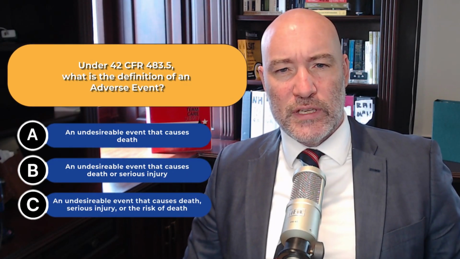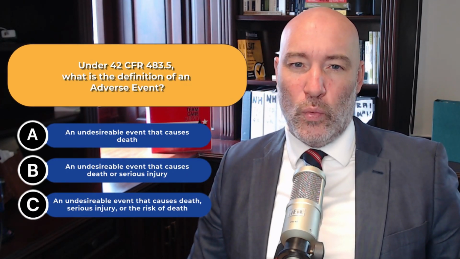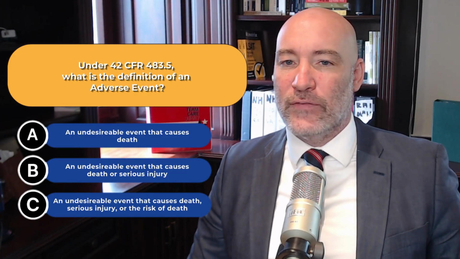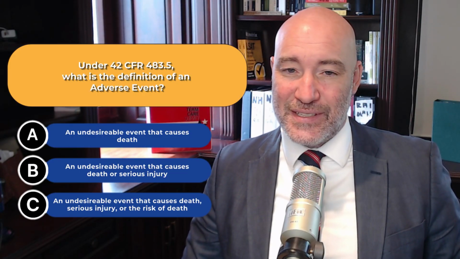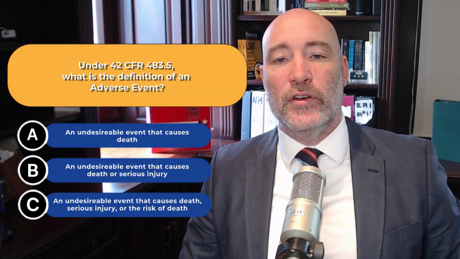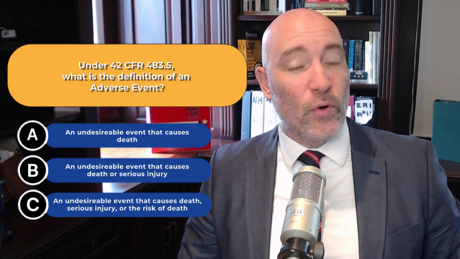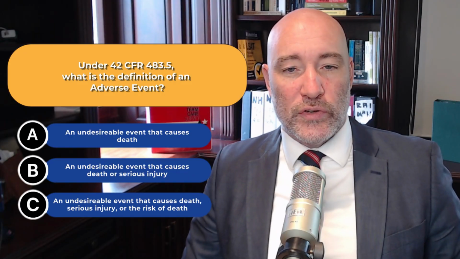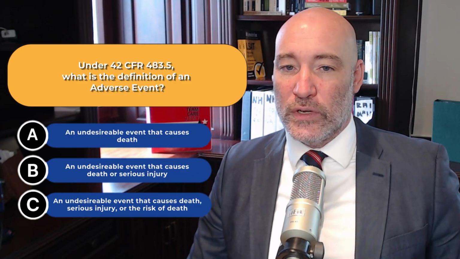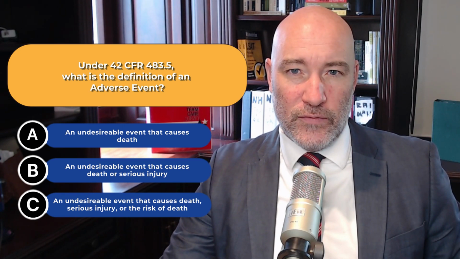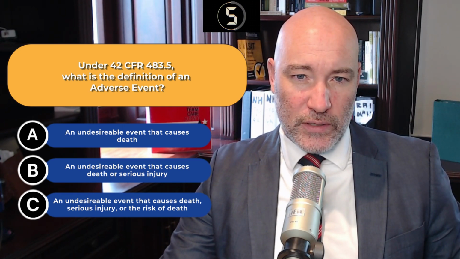Under 42 CFR 483.5, what is the definition of an adverse event? Is it A, an undesirable event that causes death, B, an undesirable event that causes death or serious injury, or C, an undesirable event that causes death, serious injury, or the risk of death or serious injury?